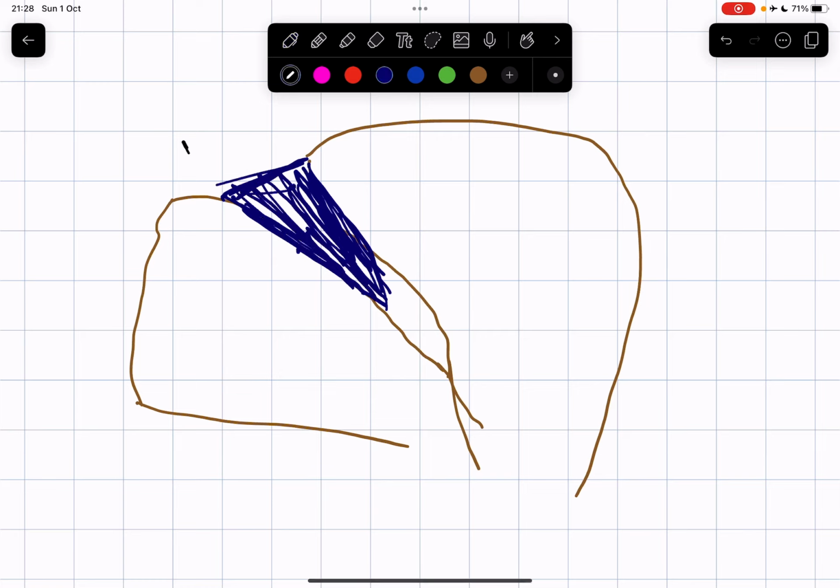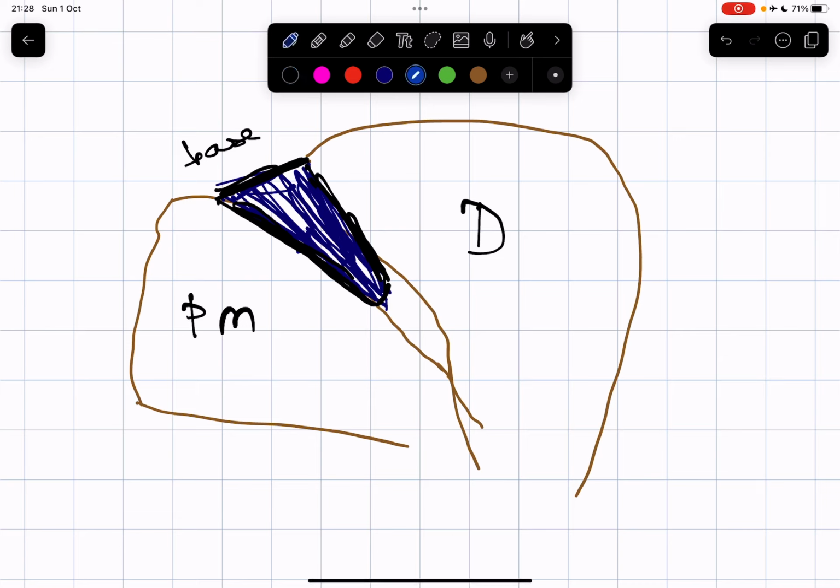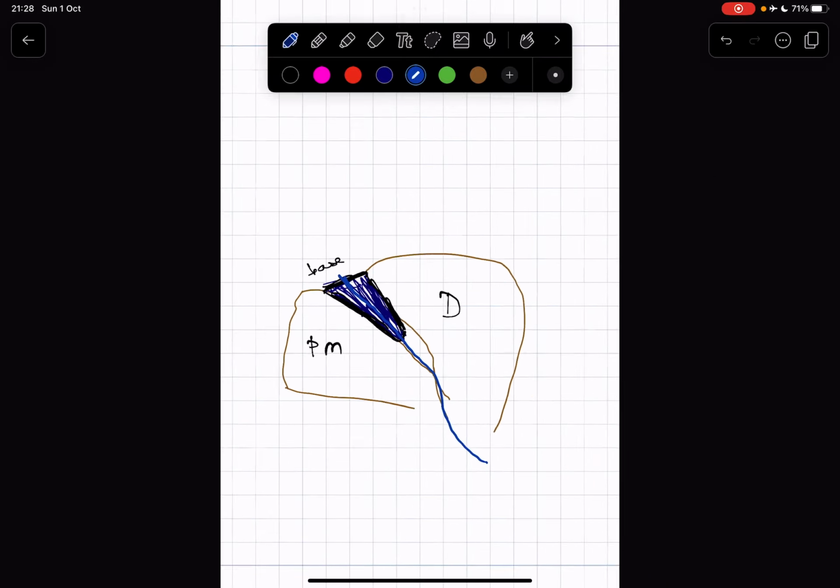Here is the base of the deltopectoral groove, and then we have the two sides. One side is formed by the pectoralis major muscle, the other side is formed by the deltoid muscle. Here is the apex. This actually contains the cephalic vein. The cephalic vein passes into the deltopectoral groove.